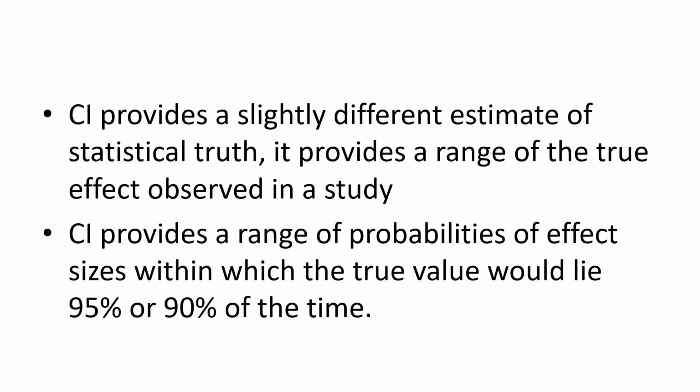When it does happen, it may be significant, but it's no use to me if I don't see it. I need treatments to be effective 95 to 90% of the time. I need my implants to osseointegrate 95% of the time. I need my aligners to move teeth 95% of the time in patients. So how reliable is the treatment? And this is where confidence interval comes into play.